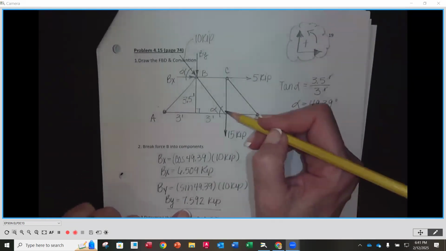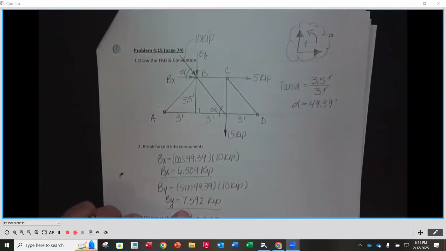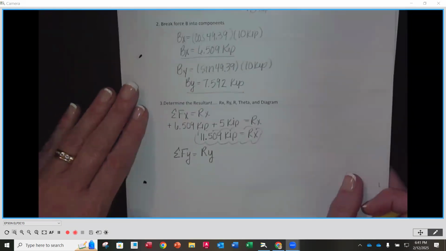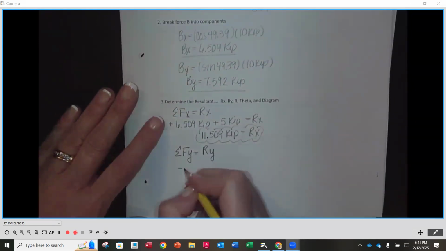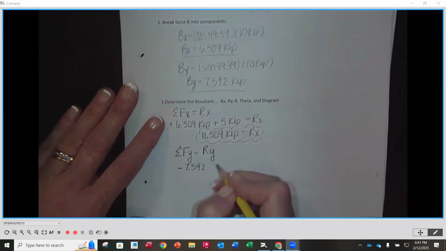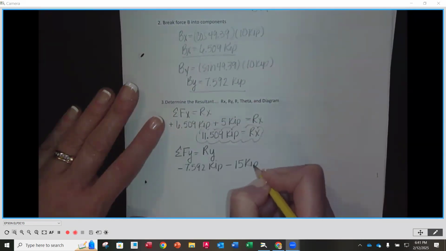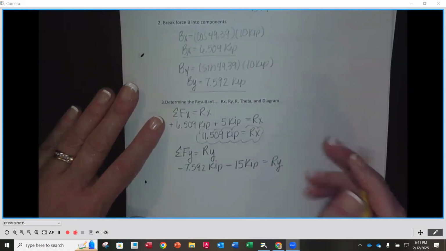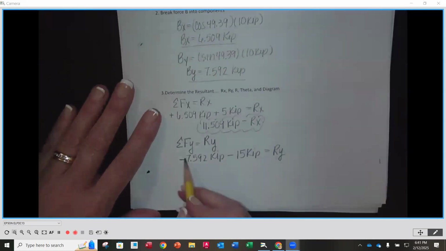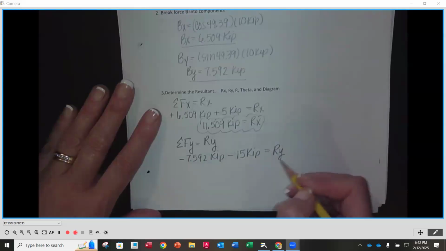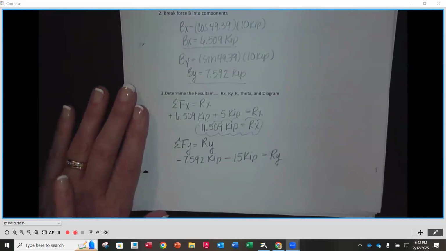And we have a negatively directed, pointing down, 15 kips. So we're going to do a negative 7.592 kips minus 15 kips is equal to Ry. Again, it's an equation. We need two sides, right? If we're saying we have two sides here, we have to have two sides here. So make sure you set that equal to Ry.